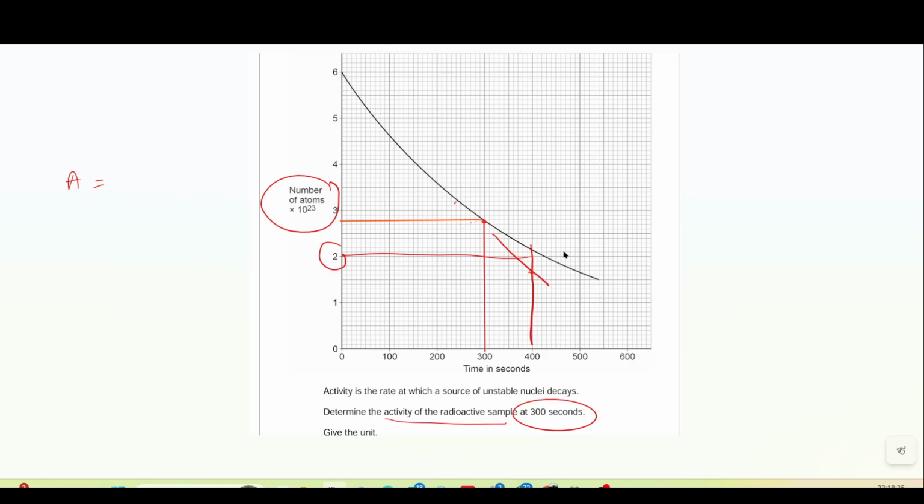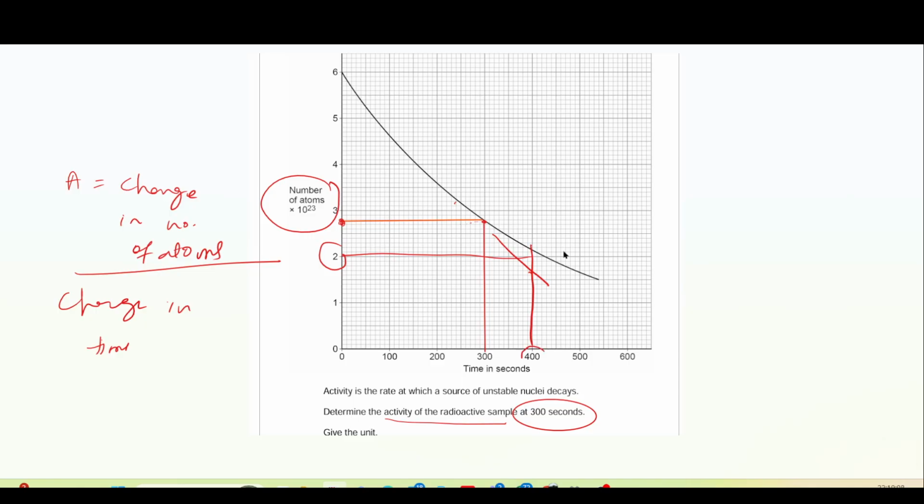See, the formula for activity is change in number of atoms divided by change in time. So why I did this, how do we find change? By subtracting two values, final and initial. So suppose this is my final, I will just take these two points and subtract them.